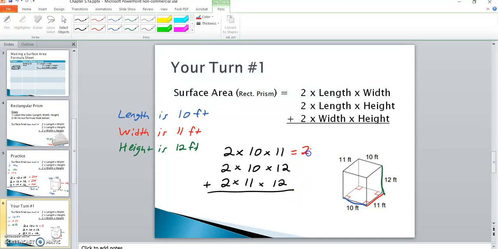Alright, so you should have got 220, and you should have got 240, and you should have got 264. And then when you add it all up, it equals 724. Now keep in mind that the unit for this one was feet, and that we need that little 2 on top for surface area.